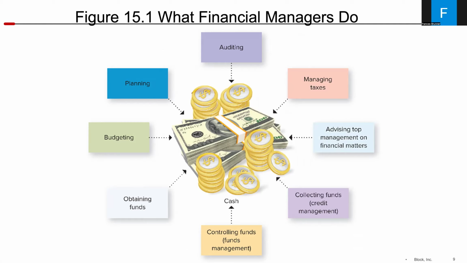They also are able to collect funds and oversee credit management, control funds from day-to-day operations, and obtain new funds or different types of financing. They are a key part of the forecasting, budgeting, and controlling functions, and they also aid in planning at all levels of the organization.